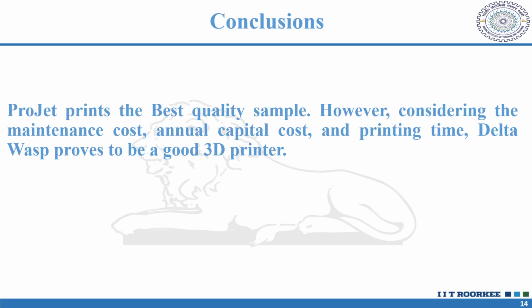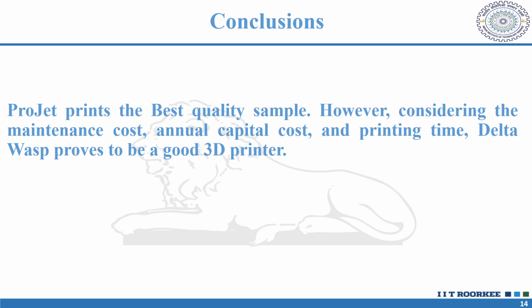So the conclusion of our study is that Project is printing the best quality sample. The order of surface roughness and porosity is such that Project is minimum, followed by Delta Wasp, Raise E2 and Ultimaker.